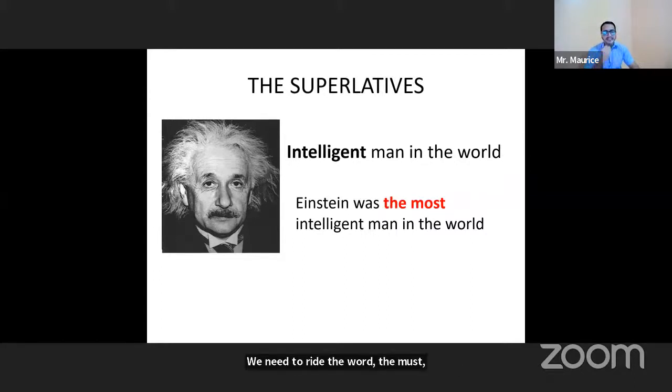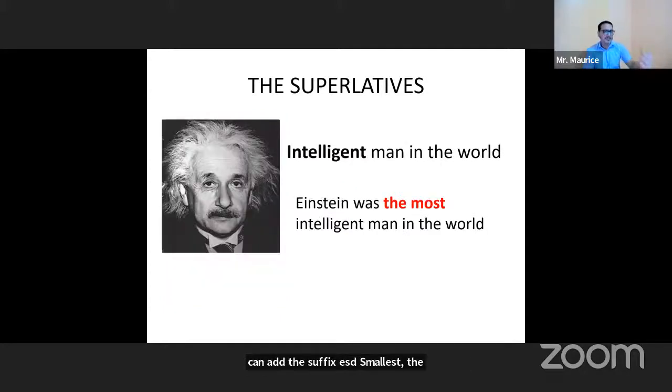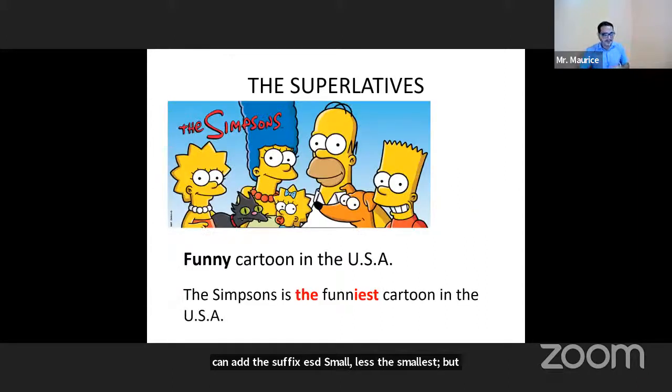The most intelligent man in the world. Alright? So in the previous slide, the adjective is small, so we can add the suffix est. Smallest. The smallest. But this one is different. Intelligent. Let's continue. Linda Moncada, could you please read this for me?